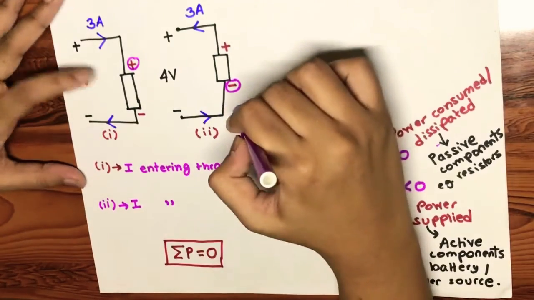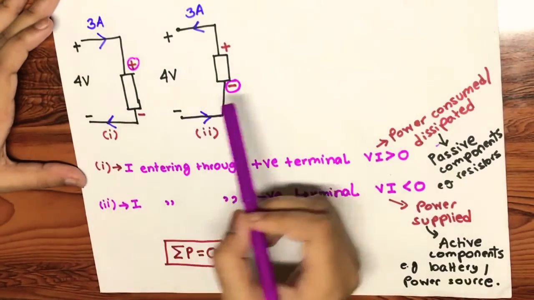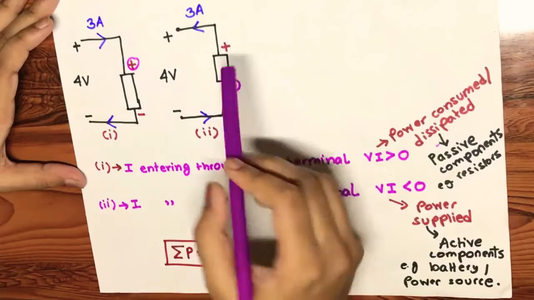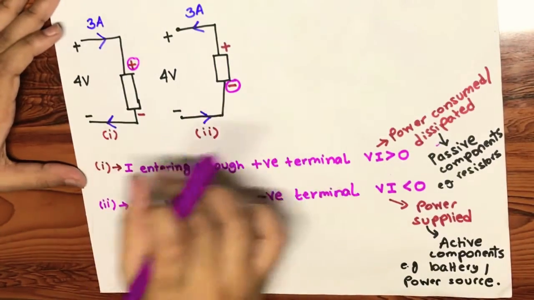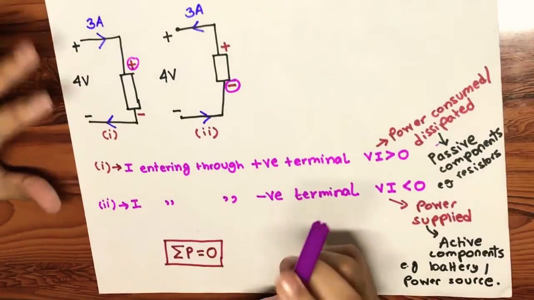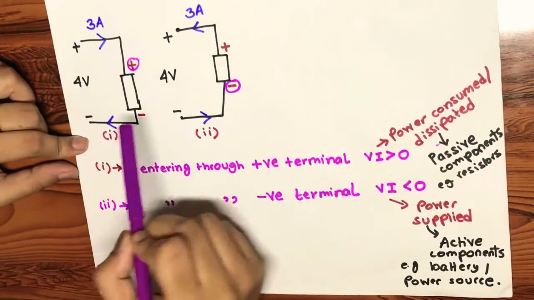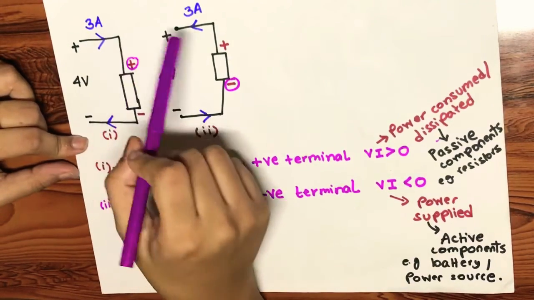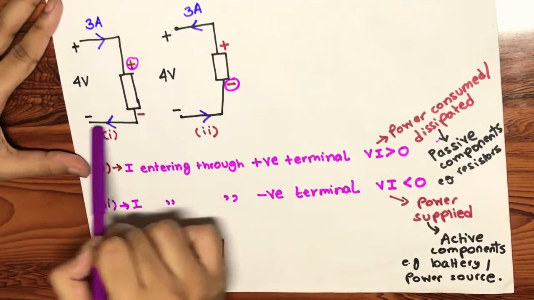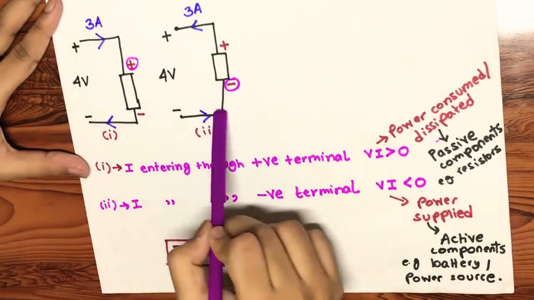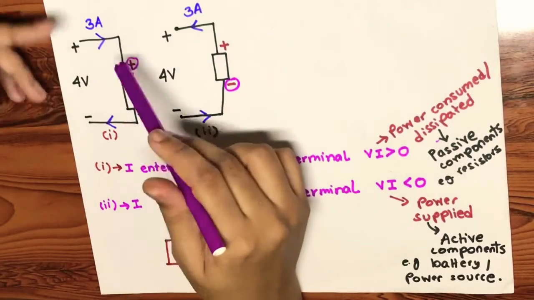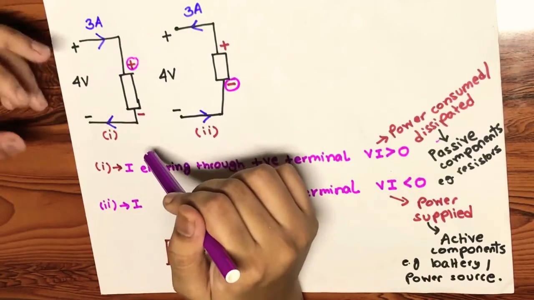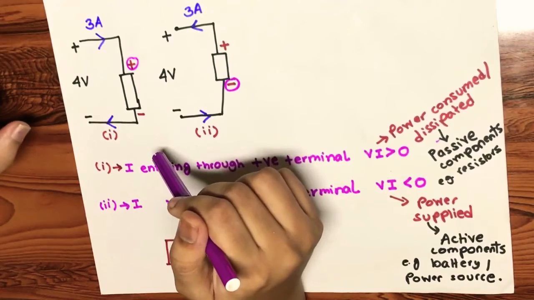Whereas in case 2, the current is flowing from the negative terminal of the component to the positive terminal. What is the difference between these two cases? The first difference is obviously in the direction of the current flow. One is from positive to negative and the other is from negative to positive. As the direction of the current flow reverses, there is a difference in power.